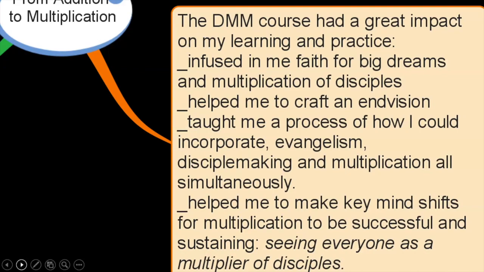And fourthly, it helped me to make key mind shifts for multiplication to be successful and sustaining. And one outstanding key is this: seeing everyone as a potential multiplier of disciples. We don't just see the believer as, I'm making a disciple. No, to see that he himself or she herself can be a multiplier of disciples.